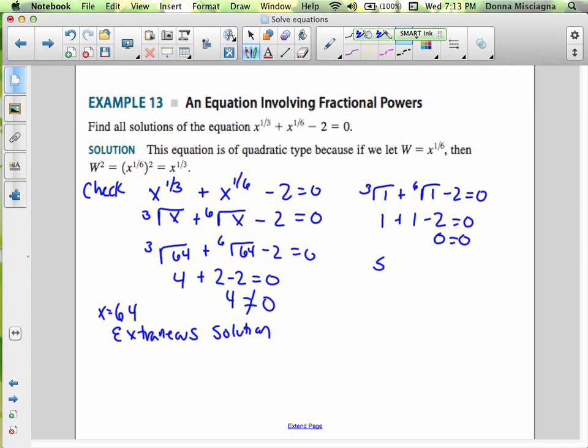So our only good solution is x equals 1. Now, you don't have to check all of your solutions. You just have to check when you're raising to a power, because all of a sudden things that weren't solutions before become solutions, and then when we check them out, they don't work.